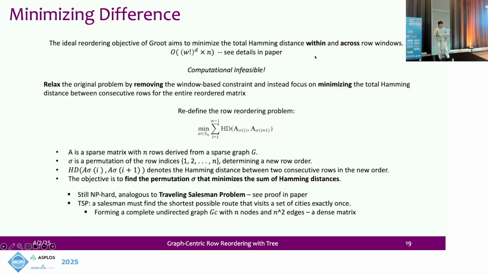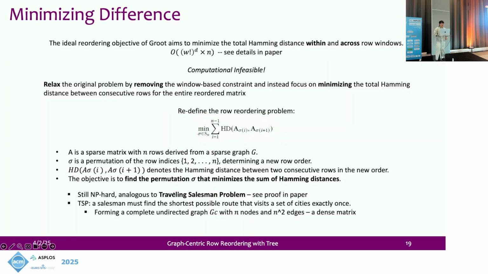To simplify the problem, we relax the original problem by removing the window-based constraint and focus on minimizing the total Hamming distance between consecutive rows for the entire matrix. Hence, we redefine the row reordering problem as finding the permutation that minimizes the sum of the Hamming distance. However, this problem is still NP hard.